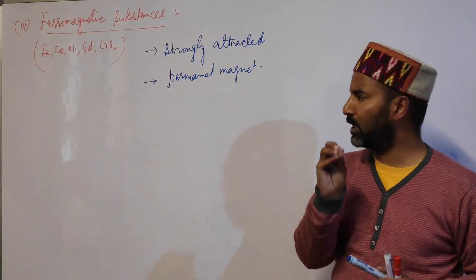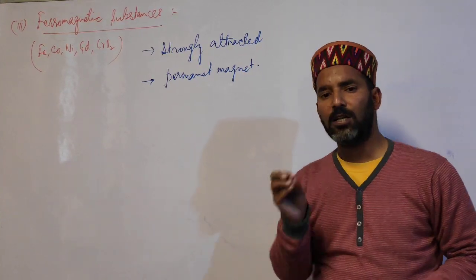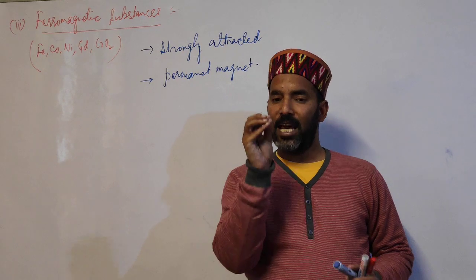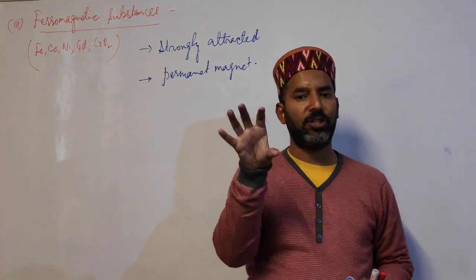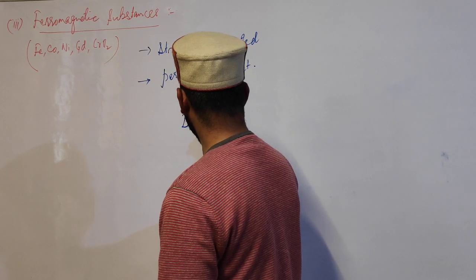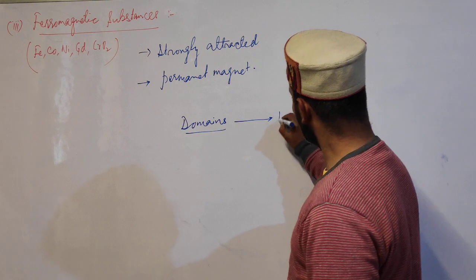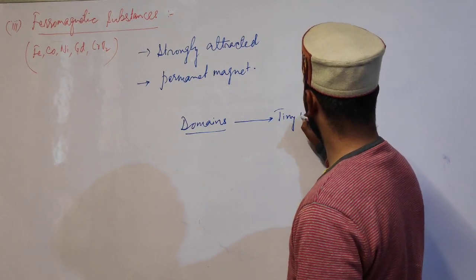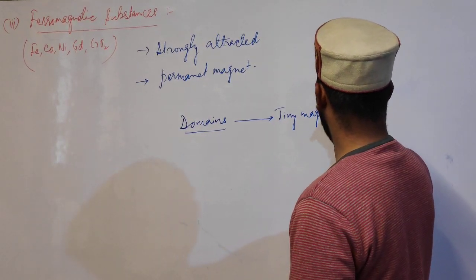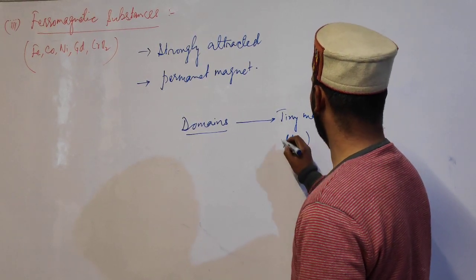Listen carefully: in any ferromagnetic crystal, the metal ions can be grouped into small regions called domains. These domains also act as tiny magnets, as they have a definite magnetic moment associated with them.